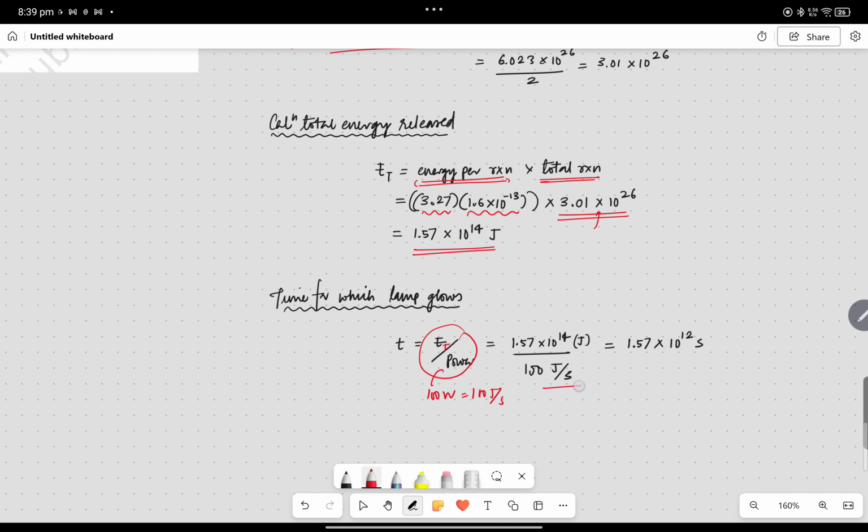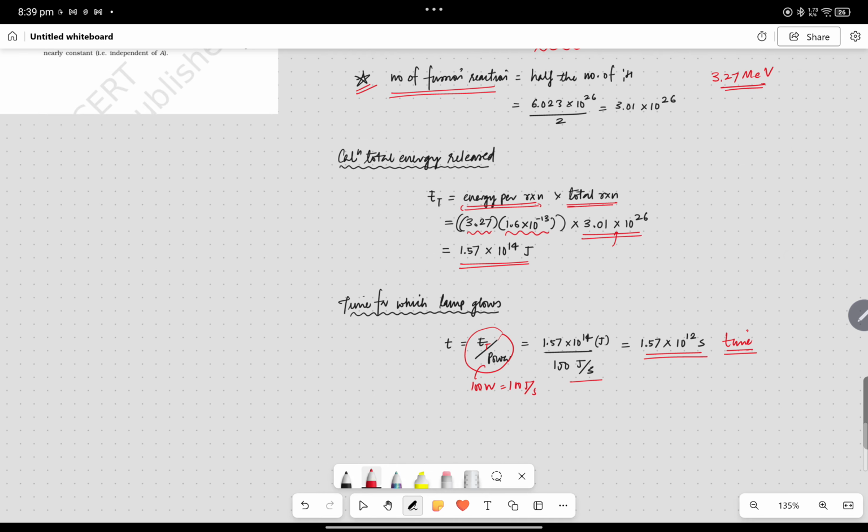After calculating this, you are going to get that the bulb is going to give light for 1.57 into 10 to the power 12 seconds. So this is the time for which the bulb will glow. This is the basic question, and this is your answer.